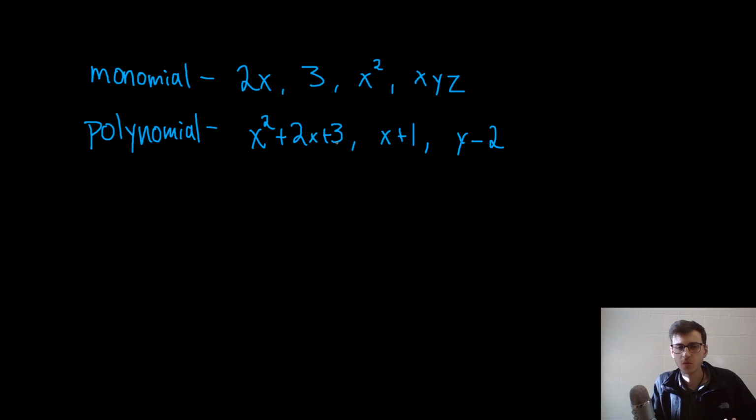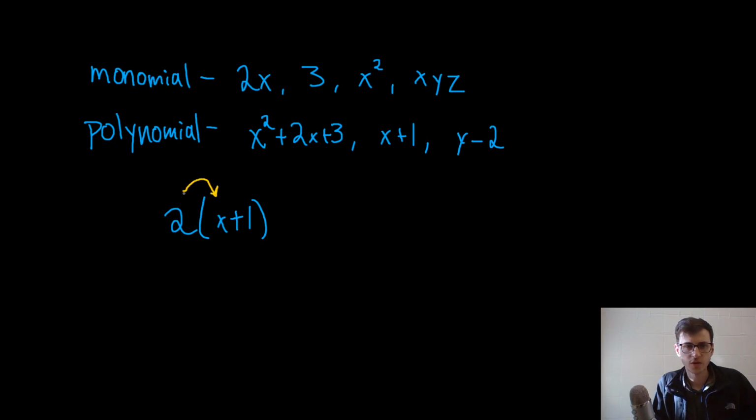So monomial, polynomial. Now, if we multiply a polynomial by a monomial, well, let's just give you an example. What if I have 2 times x plus 1? Now, if I'm multiplying this polynomial by this monomial, I want to distribute.